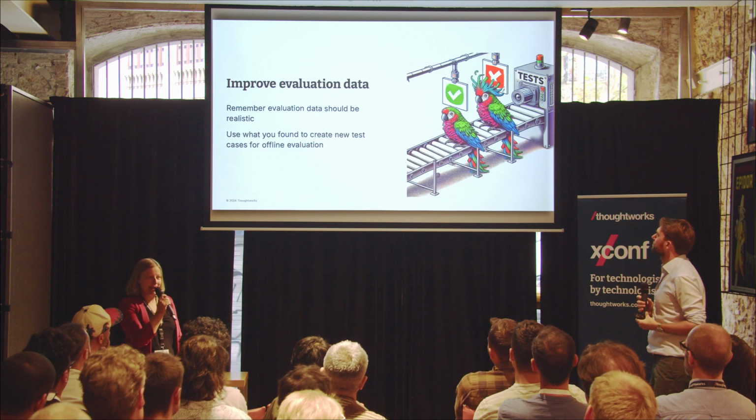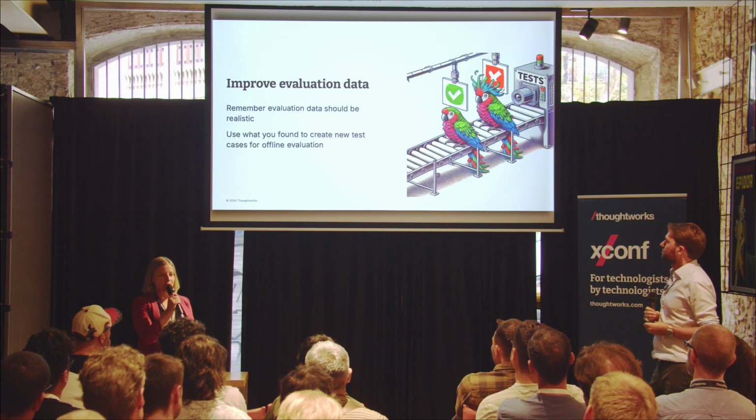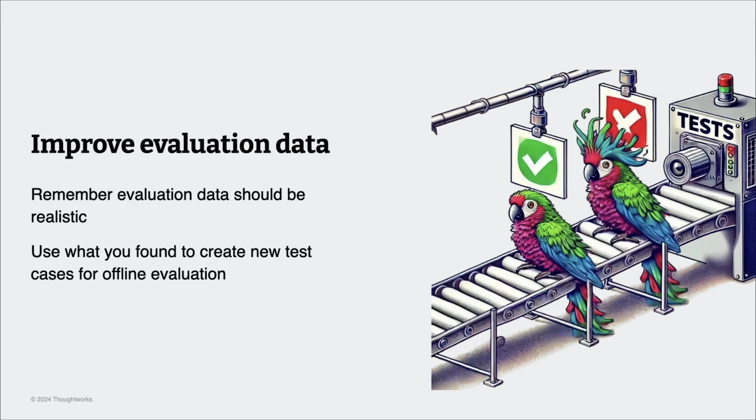So after all that, looping back to the three things that we find online eval to be useful. You can, of course, use your online evals as a way to find good cases for your offline evals.